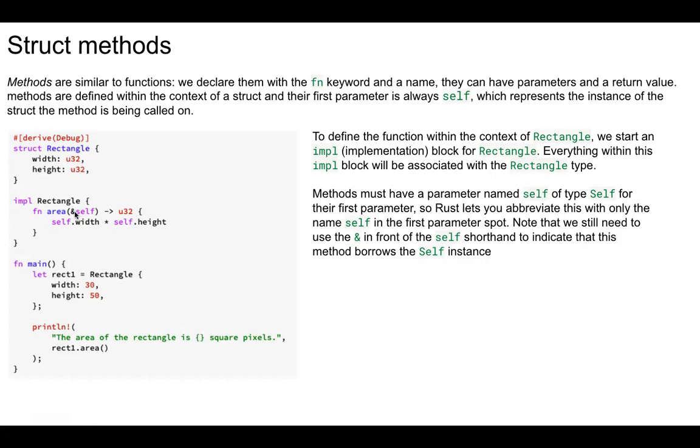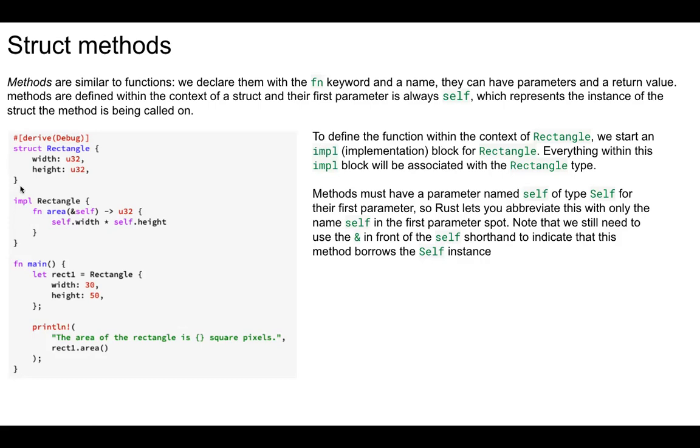Methods can have one or more parameters or zero parameters, but any method will always have self as the first parameter, wherein you are passing the instance of itself to it. This is similar to Python, where when you call the init method, the self is automatically passed. The self is automatically passed by the Rust compiler when you call the method.